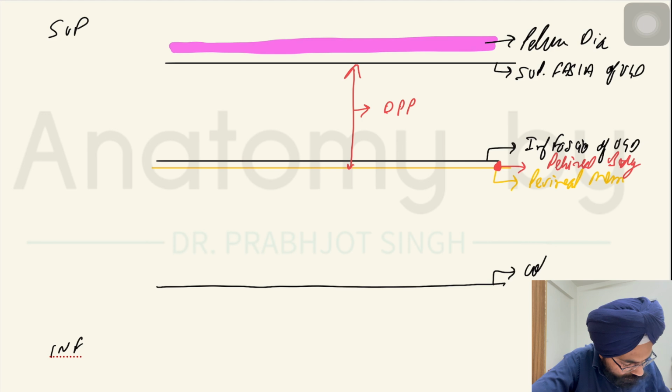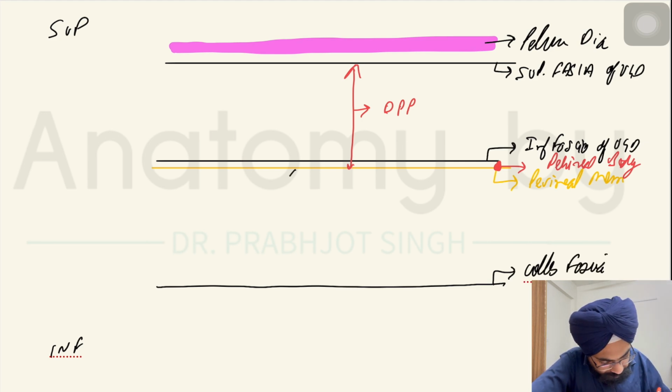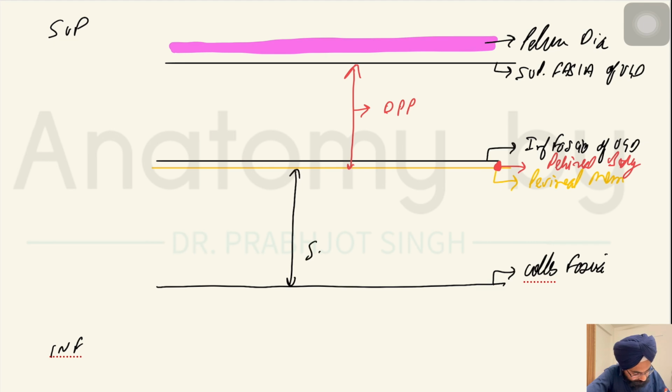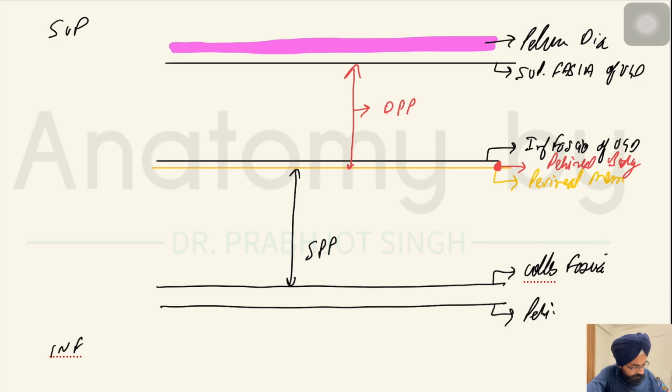This is your Colles fascia and this is your superficial perineal pouch, and then you have your perineal skin over here. Did you understand this much? If you understood this much, so I will expand this diagram further.